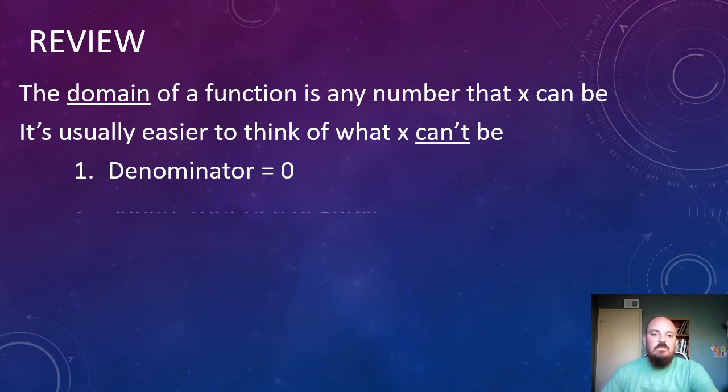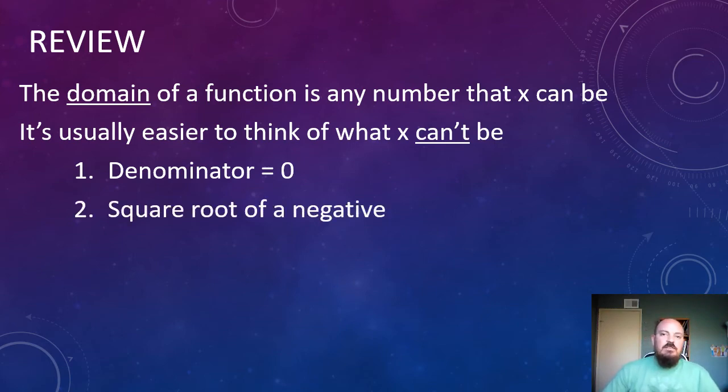So basically, here's a quick review. These are the two main things you're going to be looking for. Anywhere the denominator is 0, the function is undefined and you need to test to see if it's a vertical asymptote. Anywhere you get a square root of a negative, the function is undefined, and then you need to test the endpoint of that interval. There are more, but those are the two we're going to focus on for right now.